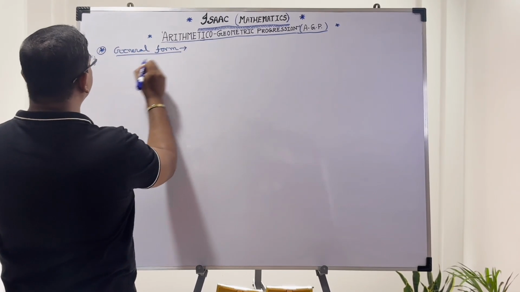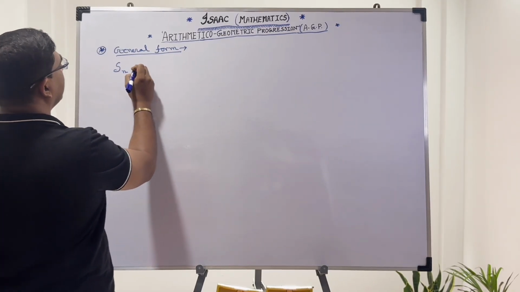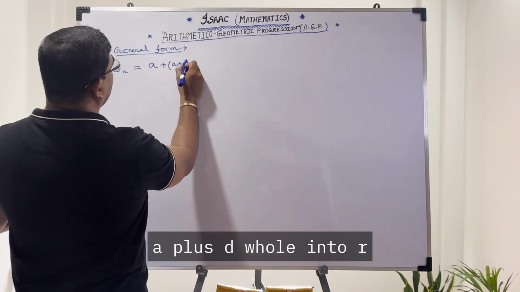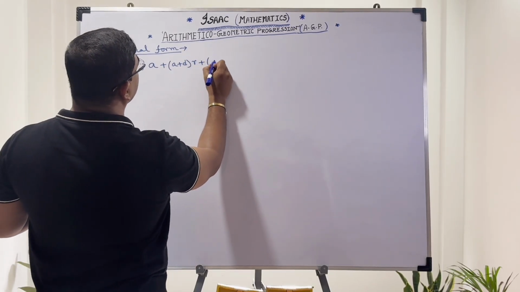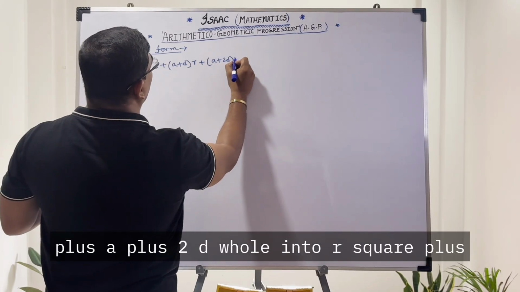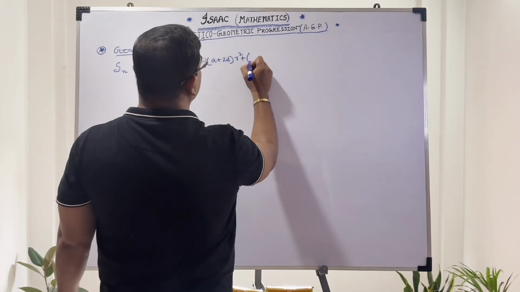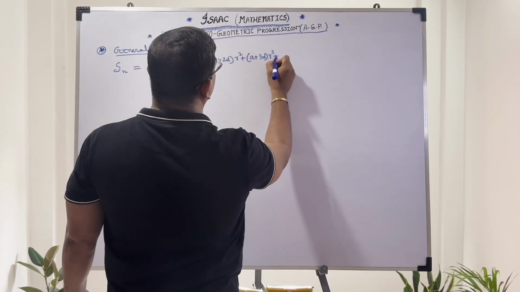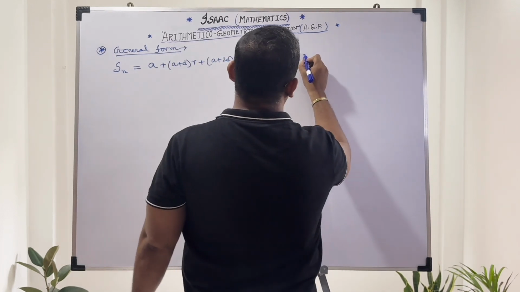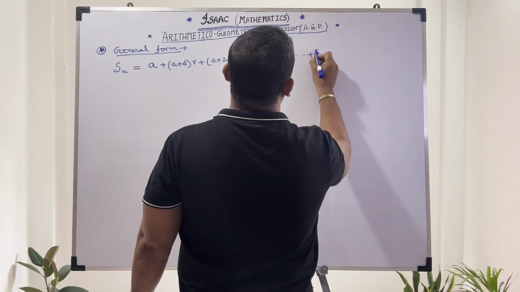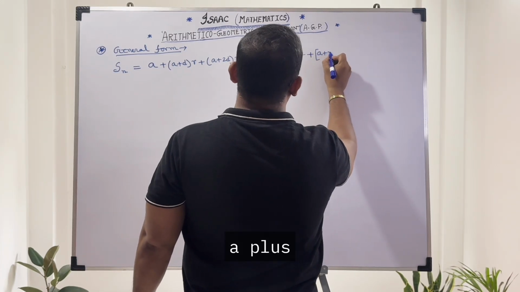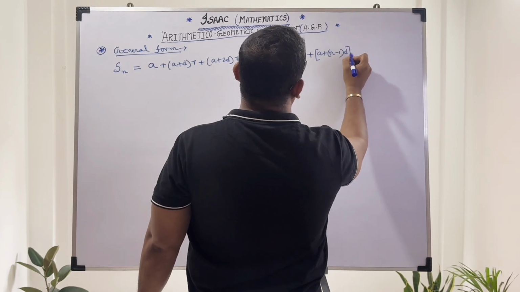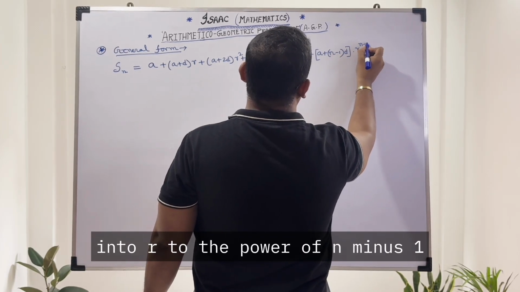General form. Sn equals a plus d whole into r plus a plus 2d whole into r square plus a plus 3d whole into r cube plus continuing, plus a plus n minus 1 whole into d into r to the power of n minus 1.